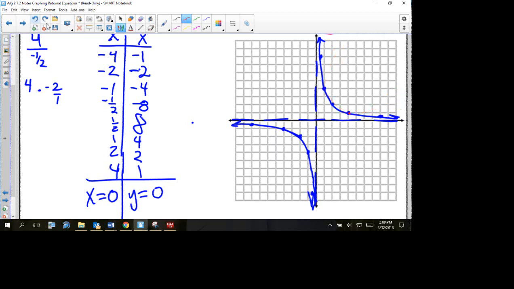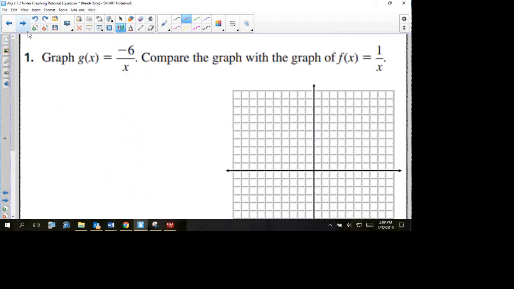And that's it. Can you make a table for the next one? Make a table for the next question. Oh, you don't see it. All right. Next question is g of x equals negative 6 over x.